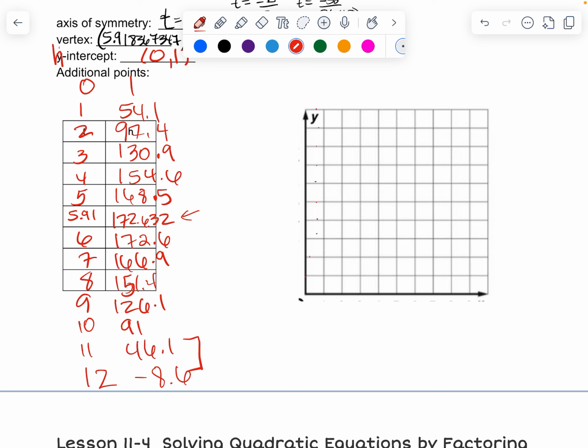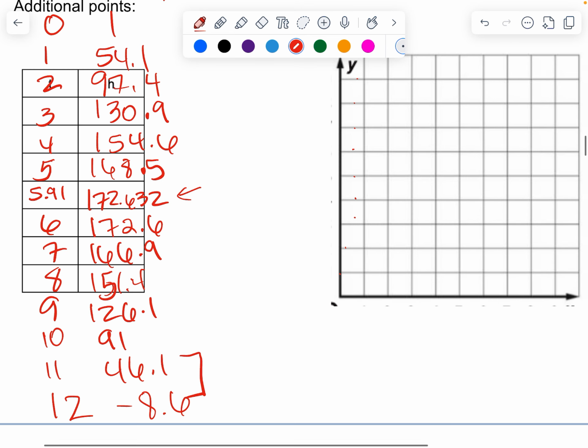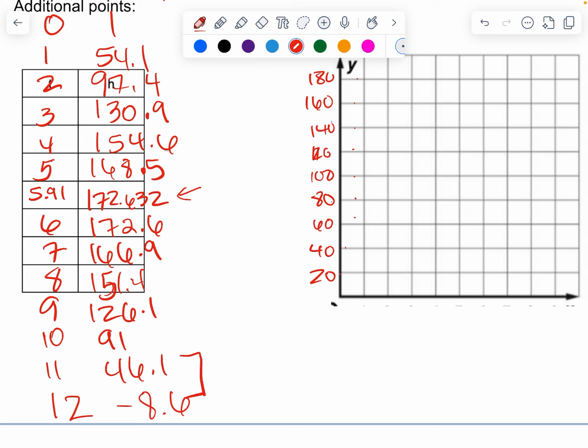So I'm going to go up by, I want 173. I'm going to say 175 divided by, how about, I go up by 20s? Or no. Yeah, I'm going to go up by 20. 40, 60, 80, 100, 120, 140, 160, 180.